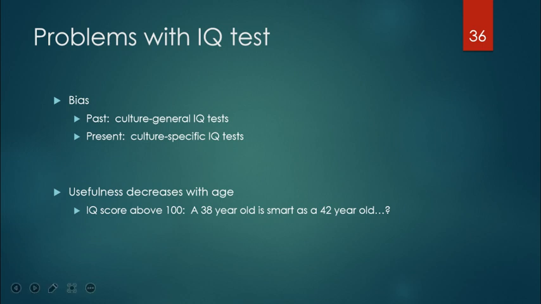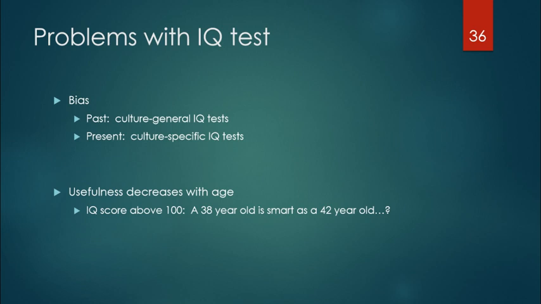So think about this. As you get older, your mental age versus your chronological age is going to mean less and less. So let's say a 38-year-old takes an IQ test and they have a score above 100. So their mental age is beyond their chronological age.